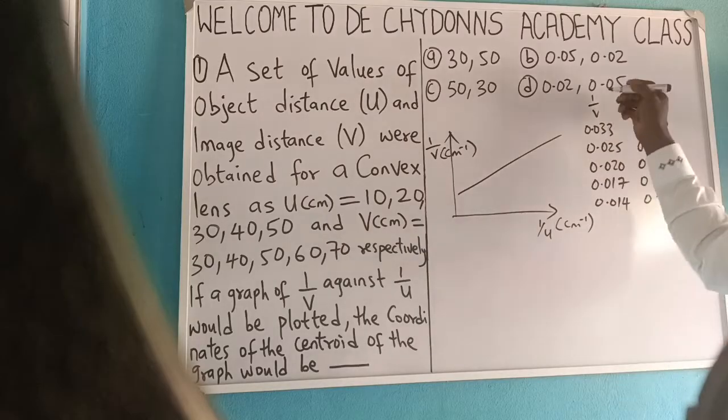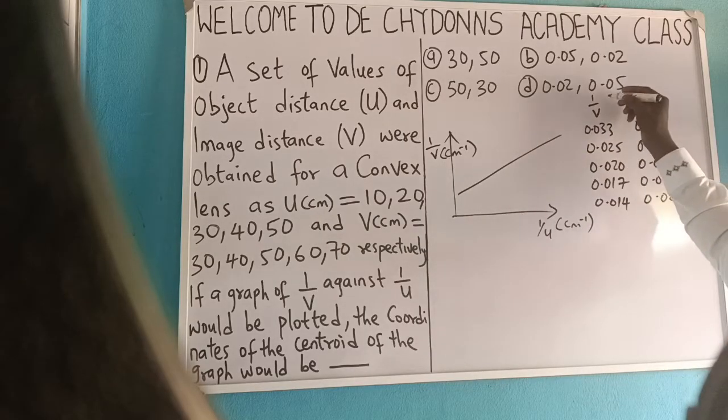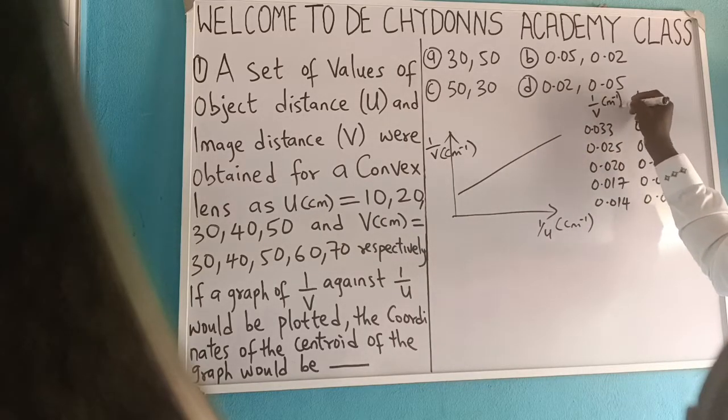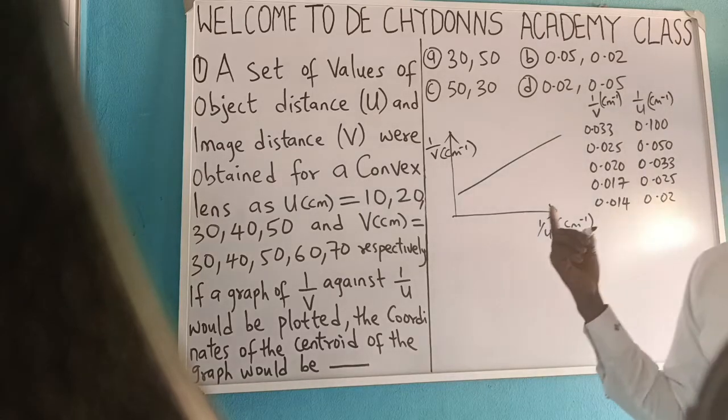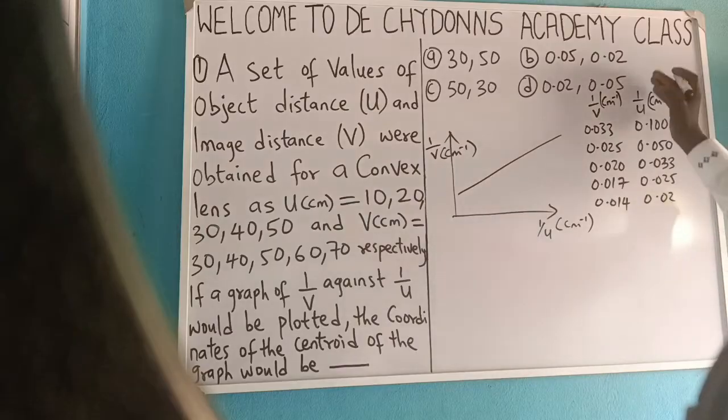So we have gotten 1 over v that they mention here. The unit is per centimeter. We have gotten 1 over v and 1 over u.